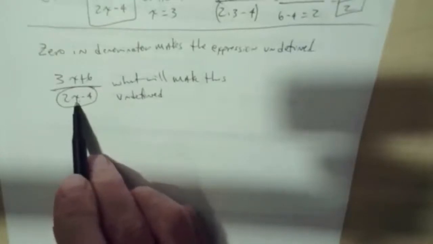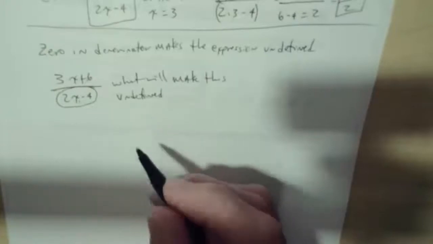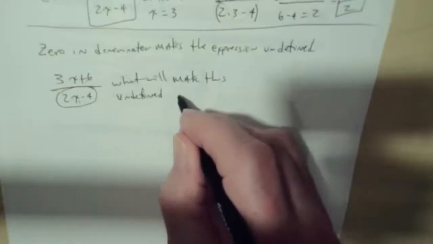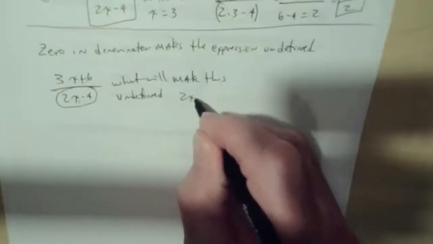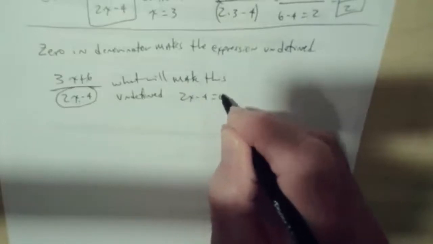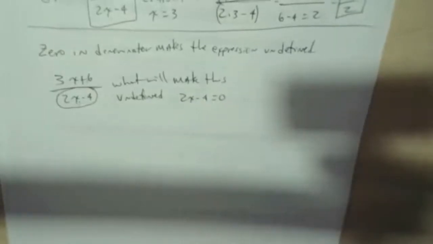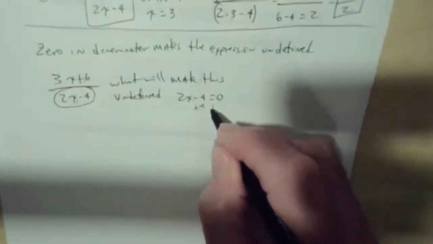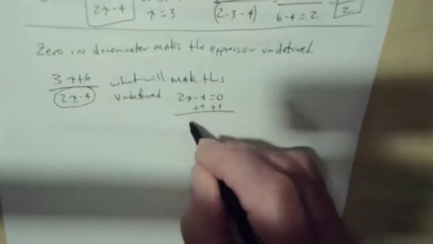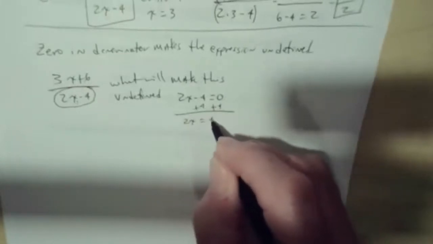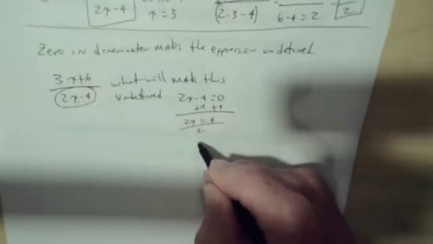Real simple. All we do is we make 2x minus 4, and we set it equal to 0. Add 4 to each side. Now we have a real simple algebra problem. 2x equals 4, divide by 2. So x will equal 2.